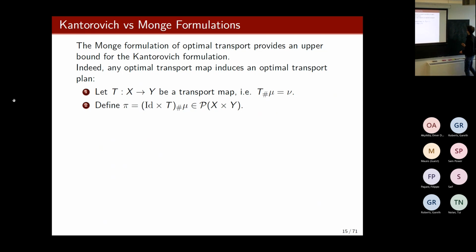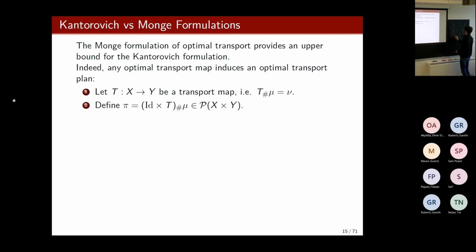Our measure nu lives on this axis here. Then then this pi will live on this. Okay, this is on the graph here.